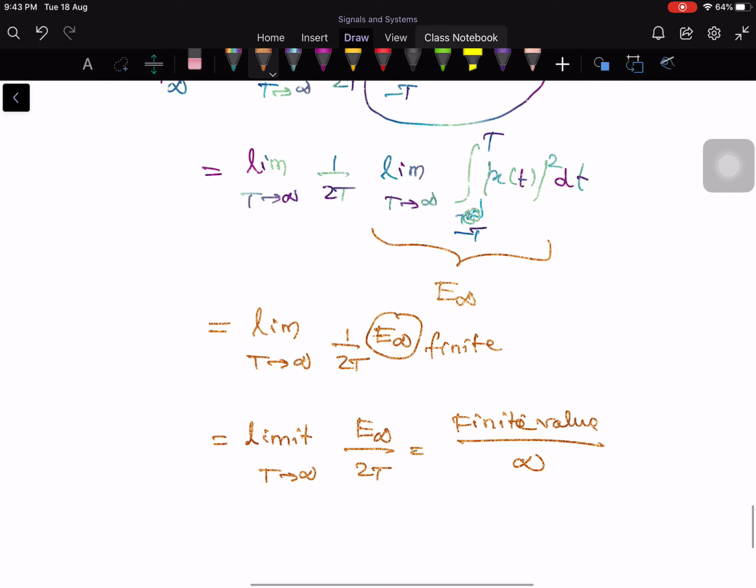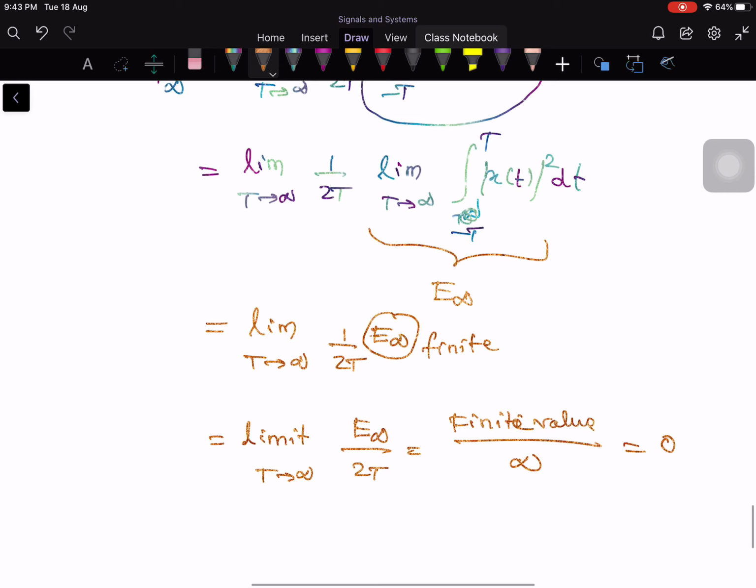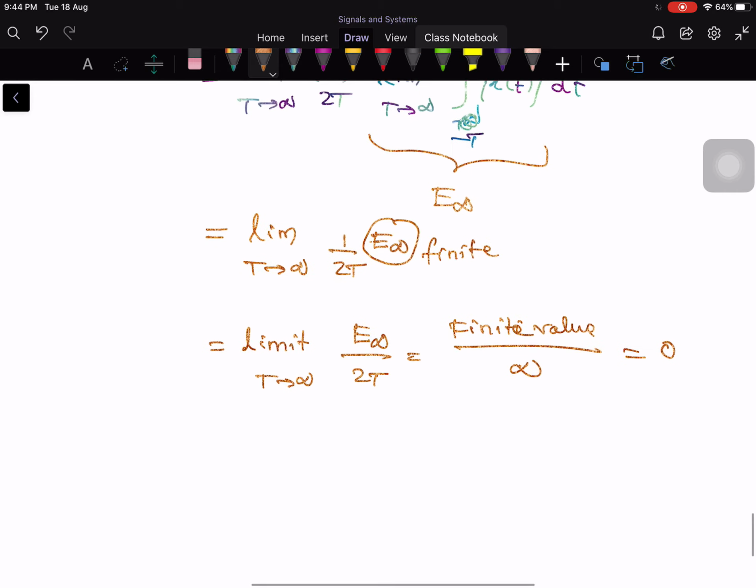So finite value by infinity is equal to 0. Therefore the end result is, for an energy signal the power is 0. Therefore if E infinity is less than infinity, that means finite energy, this implies the power over an infinite interval is 0.